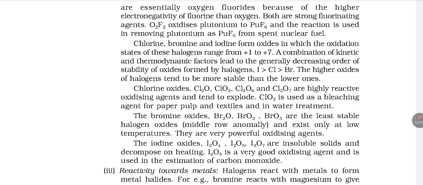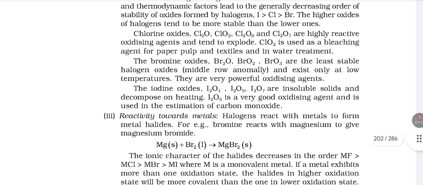The chlorine oxides Cl2O, ClO2, Cl2O6, and Cl2O7 are highly reactive oxidizing agents and tend to explode. ClO2 is used as a bleaching agent for paper pulp and textiles, and in water treatment.